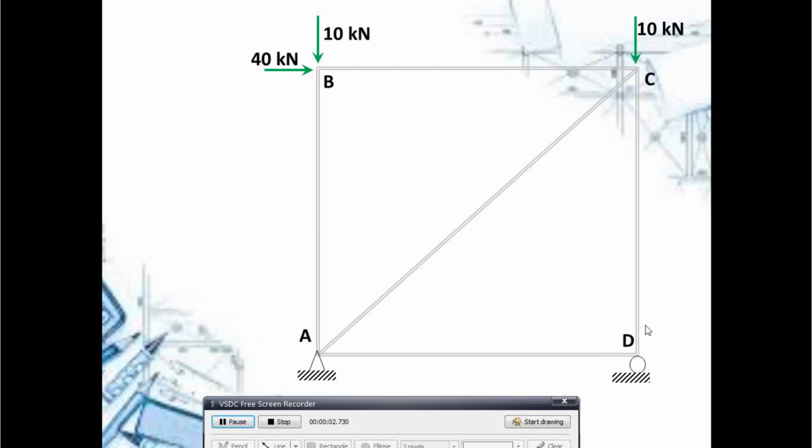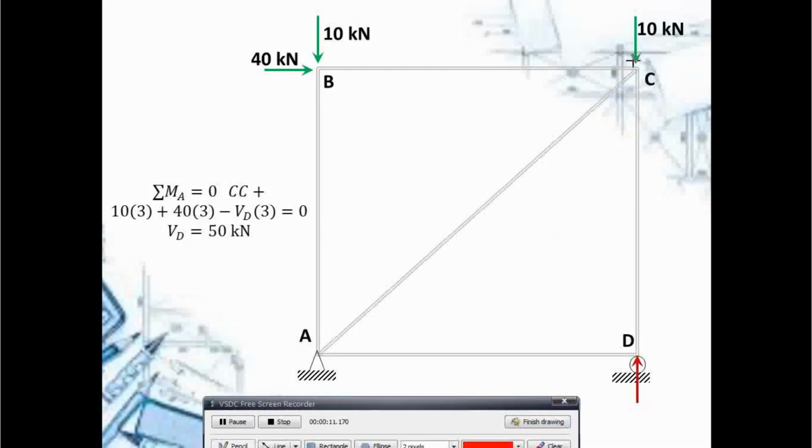So, if I'm going to take summation of moment at point A, this 10 kilonewtons will have a clockwise moment, and its distance to point A is 3. Same is true with this one, that is also a clockwise moment. The distance is 3.